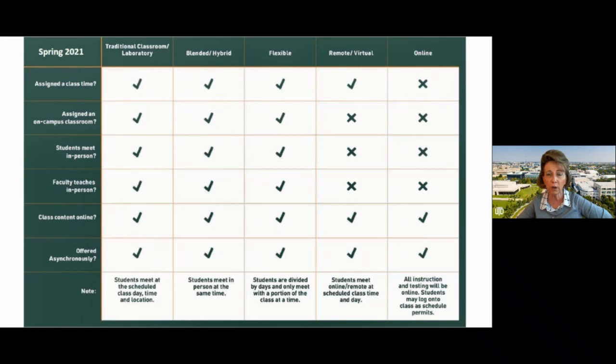Now, the other factor we just want to remind everybody of is that any of these options are available asynchronously to a student, which means if you are unable to join it streaming or you are unable to join it face-to-face, you can participate asynchronously and let your faculty member know that that is what you are choosing to do.